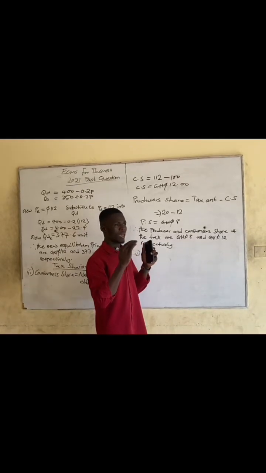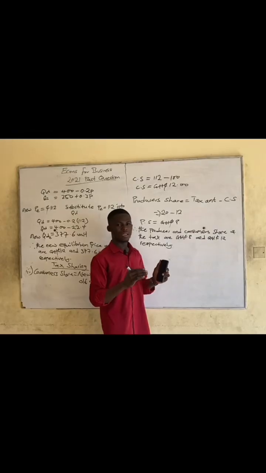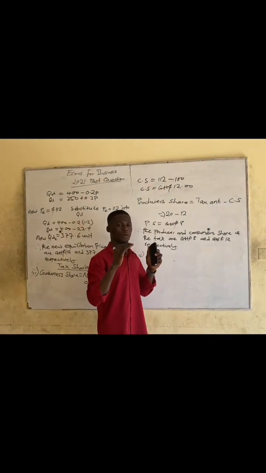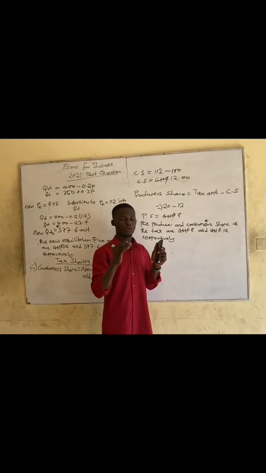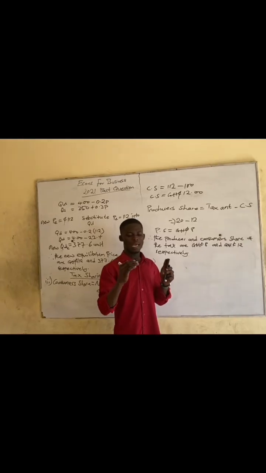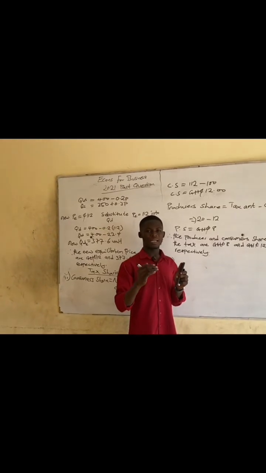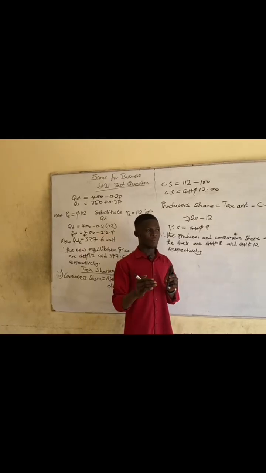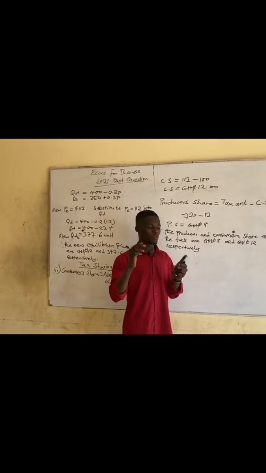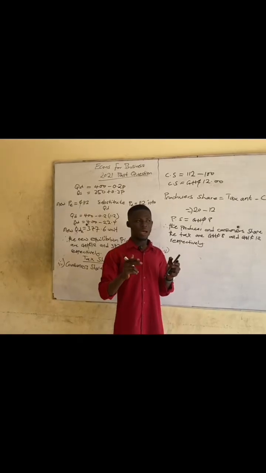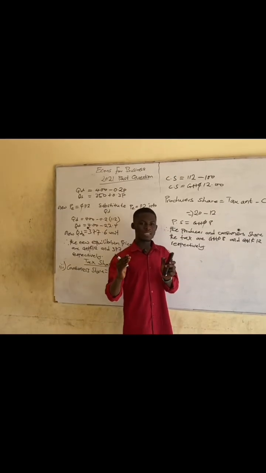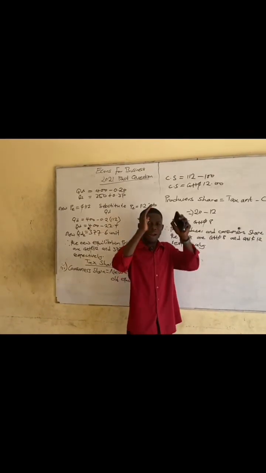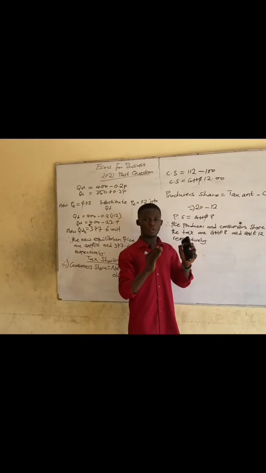So you make your conclusion by saying that, since the consumer's tax amount was more than the producer's tax amount, the elasticity of demand is inelastic. We all know that inelastic is always less than 1. So when you draw your demand curve inelastic, the price will go up more and the quantity will be small.